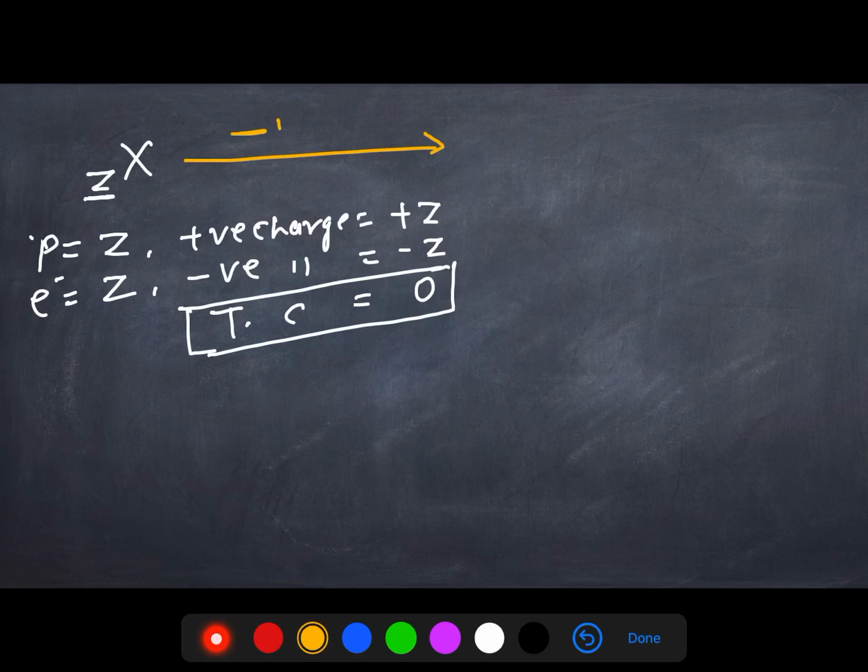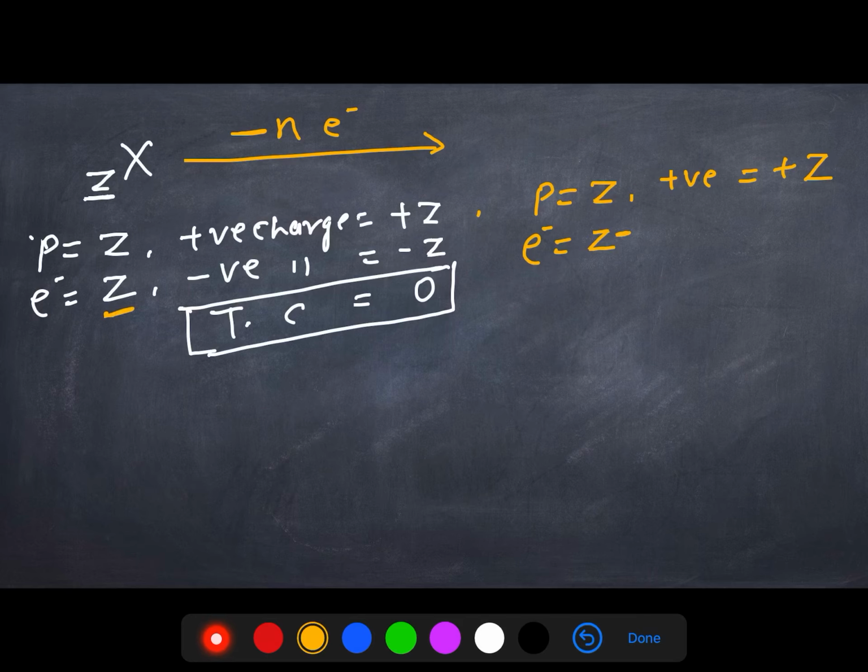X is neutral, right? Now, let's assume that this atom X lost a certain number of electrons. Assume it lost n number of electrons. The atomic number does not change. We know that it remains same. So the number of protons remains same, and so does the positive charge. So the positive charge is still plus G, right?